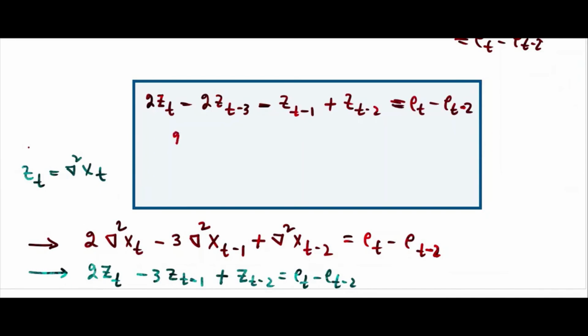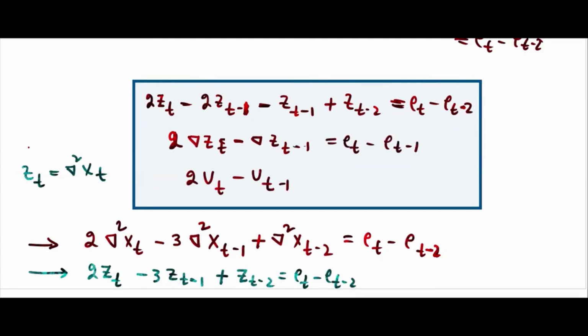So if you take this common, okay, 2 Z_{t-1}. So if you take 2 common here, you will get λ Z_t, okay, minus 1 common, λ Z_{t-1}, and this one you can write U_t, 2 U_{t-1}. There is no more factor, okay, 1 minus z factor here, and that is equal to ε_{t-1}.